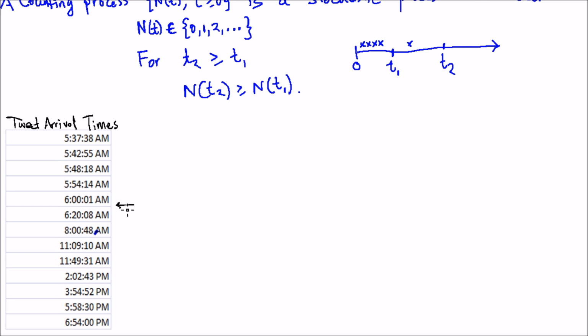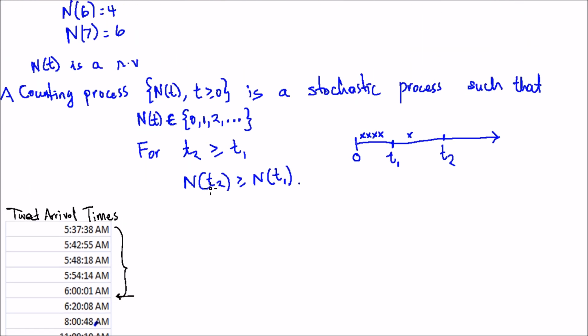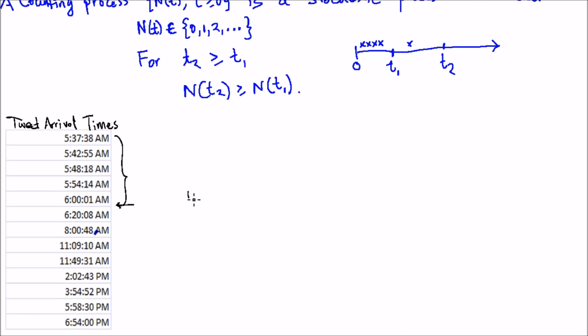These are the actual times that tweets were sent out. The first 5 or so tweets arrived in a fairly short amount of time between each other. Then after that, the inter-arrival times widen a little bit.